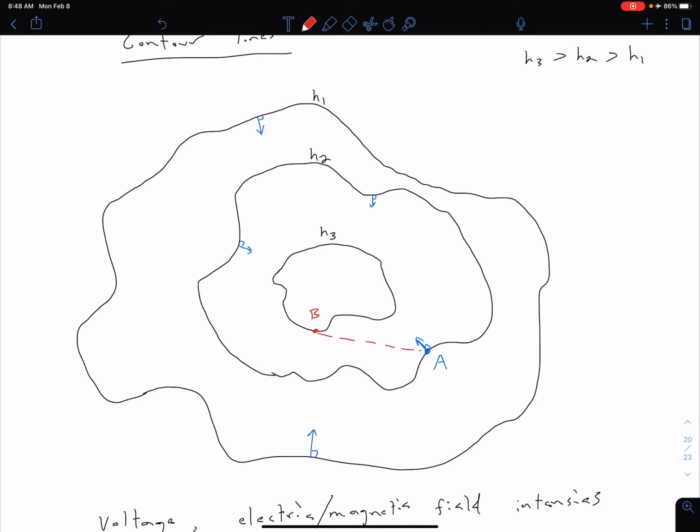Let me get rid of our dashed line here. We can define some unit vector, which I'm going to call u sub A, in the direction from A to B. Let me add that dashed line back now. So we have this unit vector, and we can essentially think of it as doing a projection of that blue vector onto our unit vector.